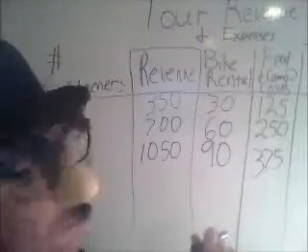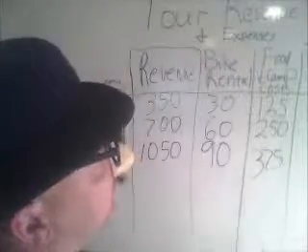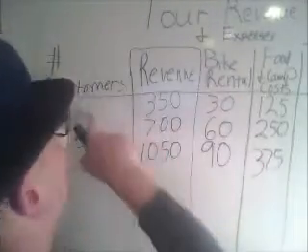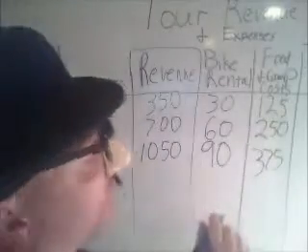So, what would our total expenses be? That's not difficult. It's going to be 30 times 1 for this one, plus 125 times 1, which is going to be 155. That's our total expenses.